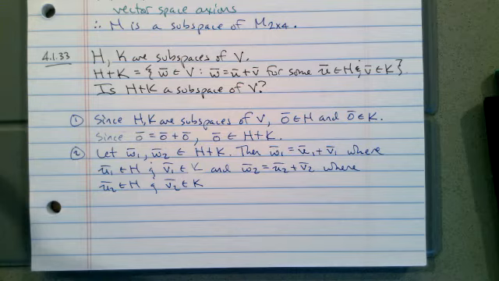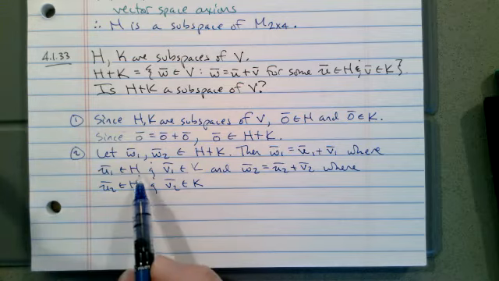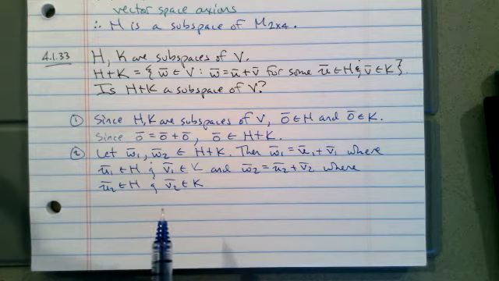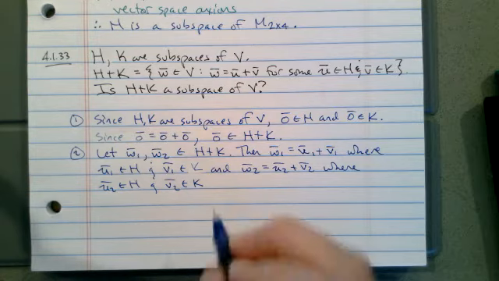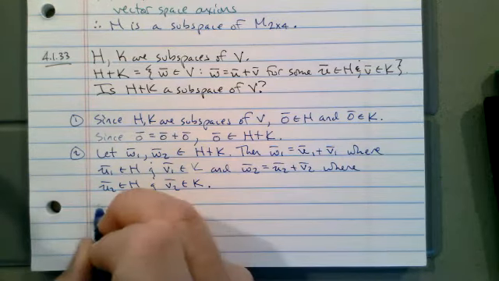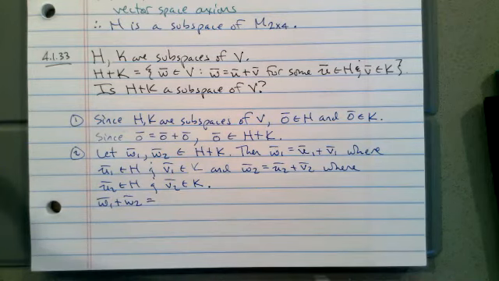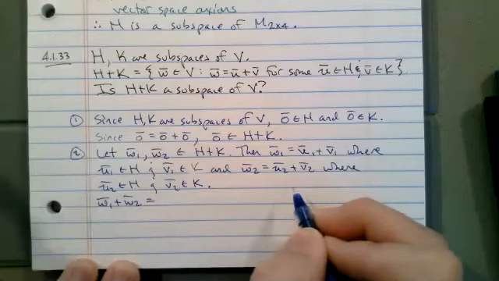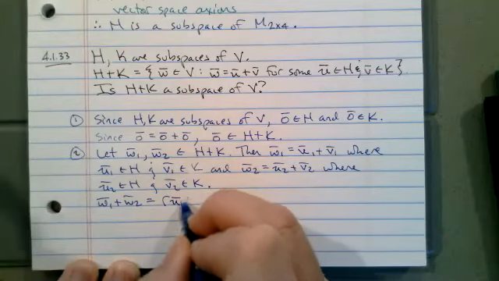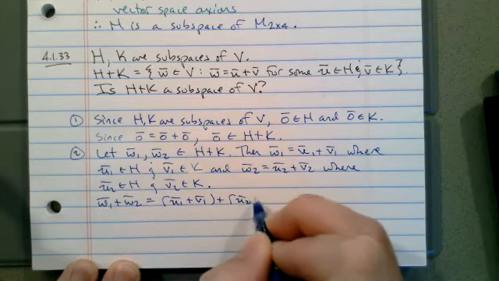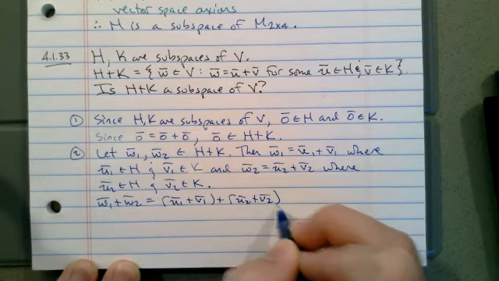This is just saying what it means to be in H plus K. If a vector is in H plus K, it's the sum of some vector from H plus a vector from K. So if I look at W1 plus W2, that's equal to U1 plus V1 plus U2 plus V2.